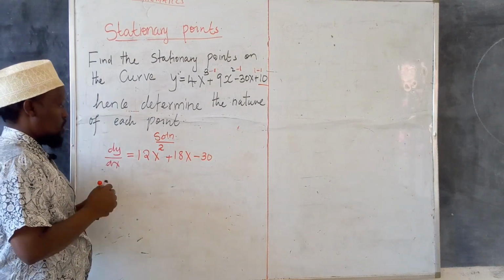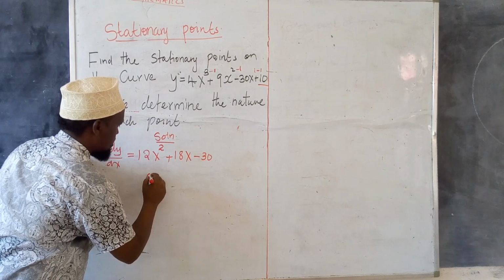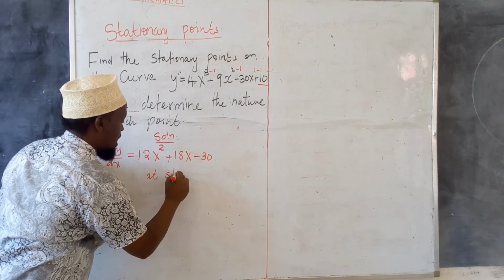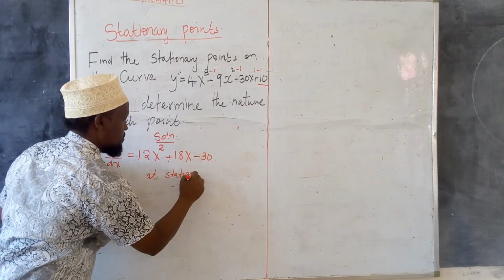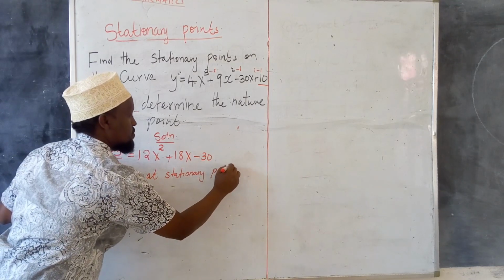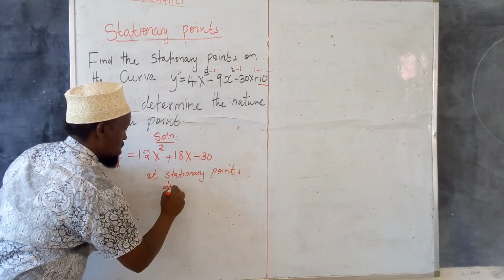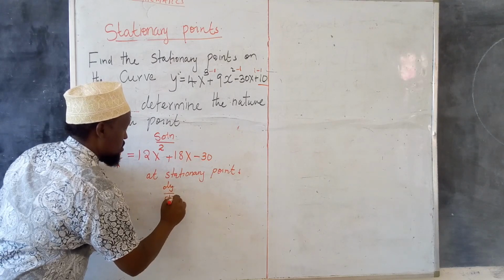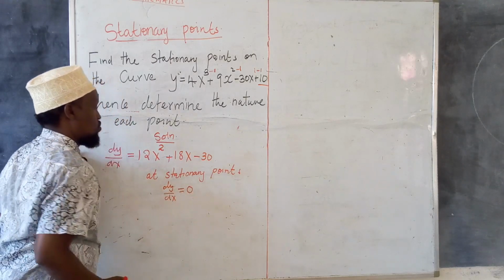And we know that at stationary points, dy/dx, or the gradient, is equal to 0.